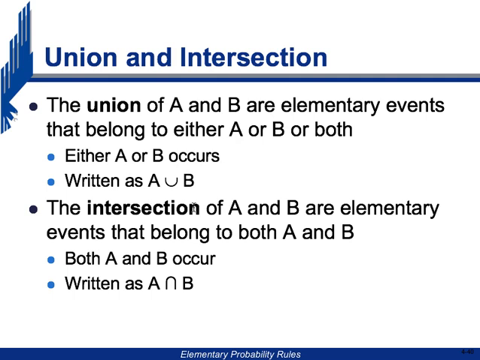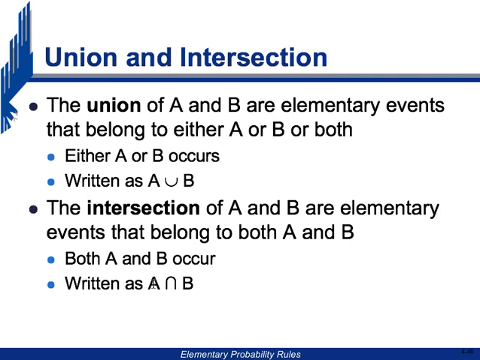The intersection of events A and B are elementary events that belong to both A and B. So this refers to the set of outcomes in the entire sample space that are both part of events A and event B. So here again, in the intersection, both events occur, or the outcomes part of the intersection are part of both events A and B, and this is how we write intersections.